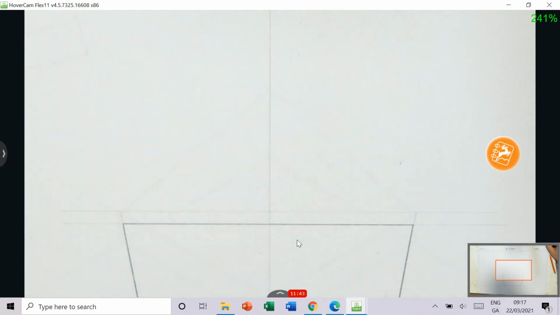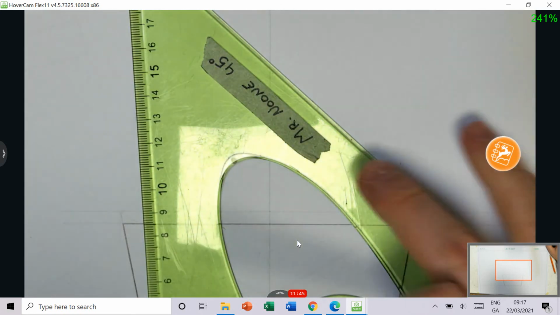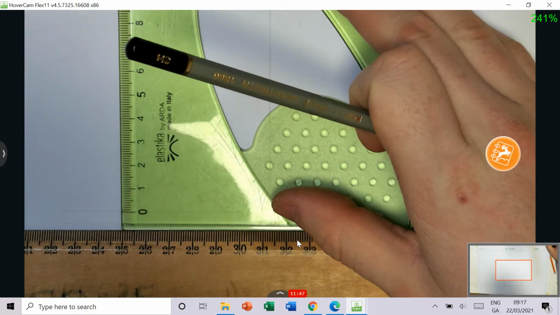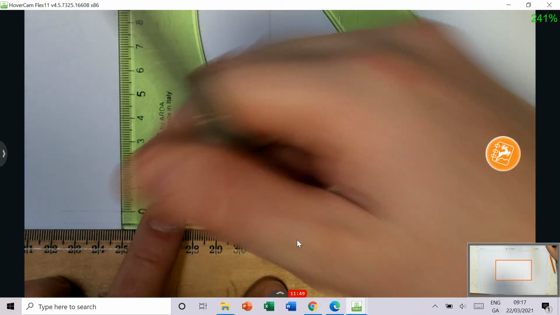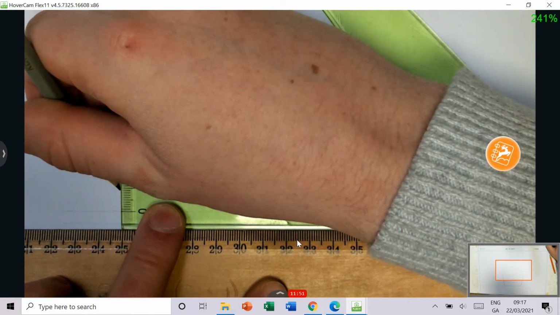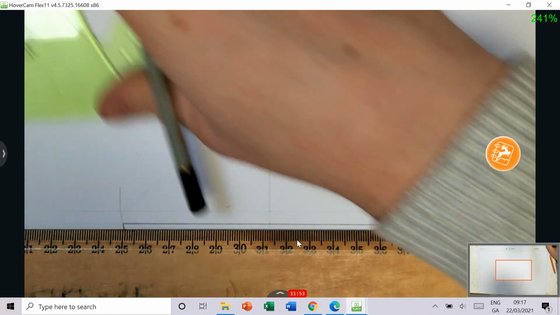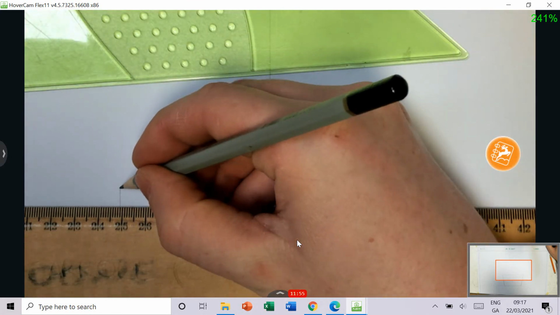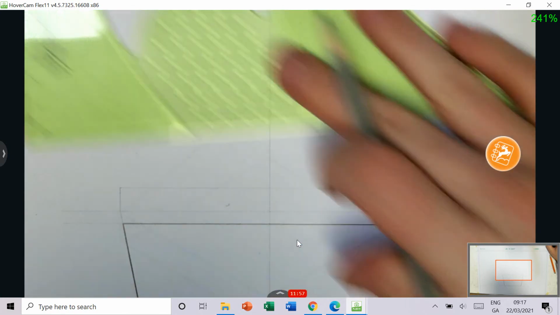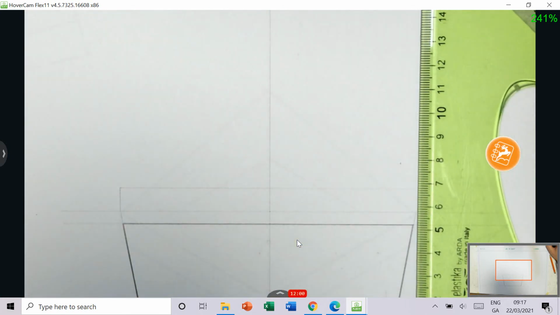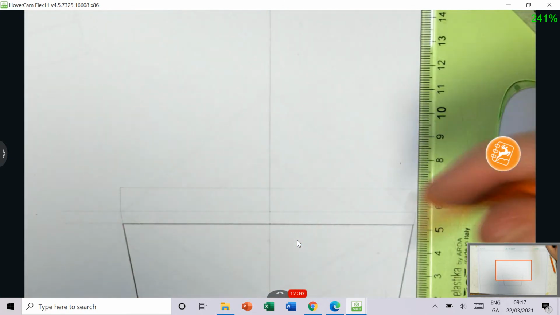So to do that, measuring up 10 mil, construction line off to the right, and then drawing my rectangle.